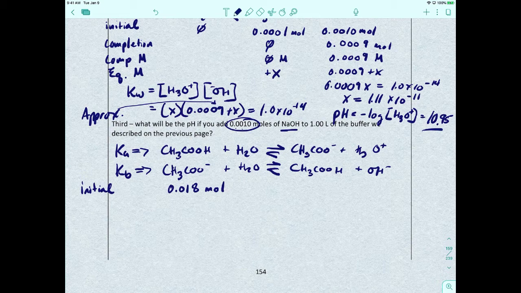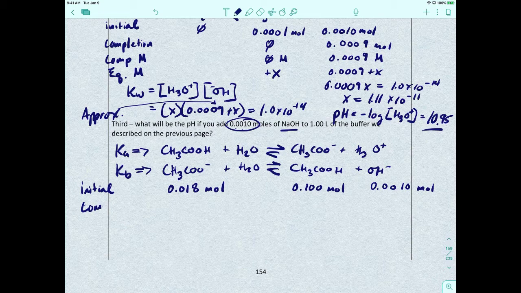For the acid, that was going to be 0.100 moles. And we're adding, for the hydroxide, 0.0010 moles of that. All right. So which one's going to run out first? Well, we're going to run out of hydroxide ion first before anything.